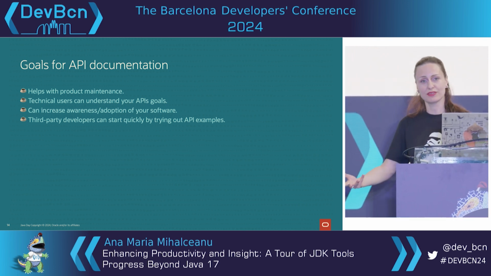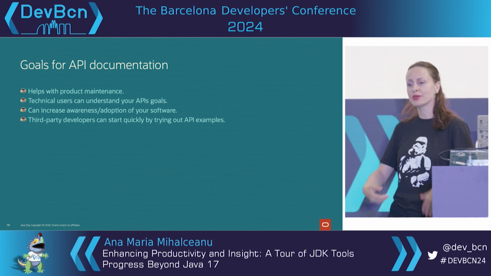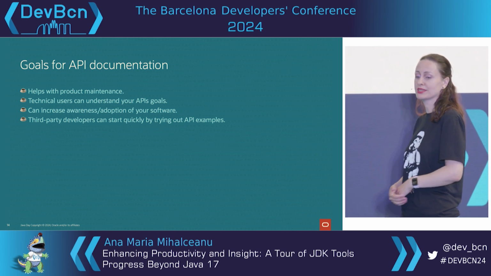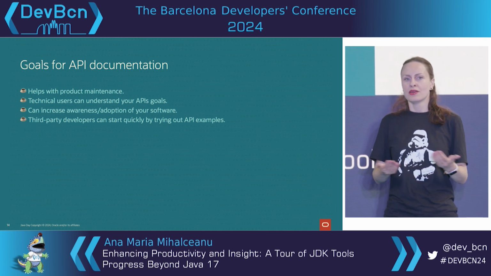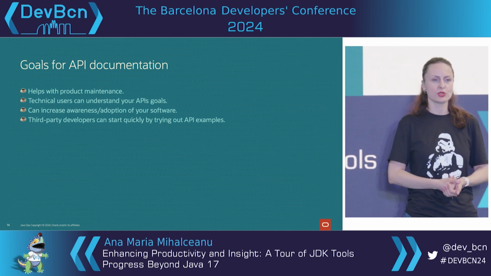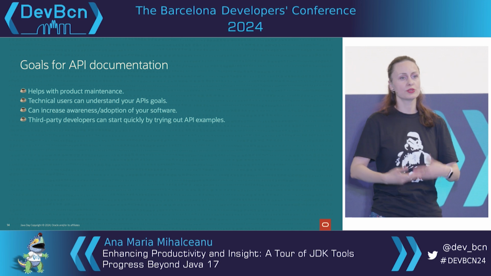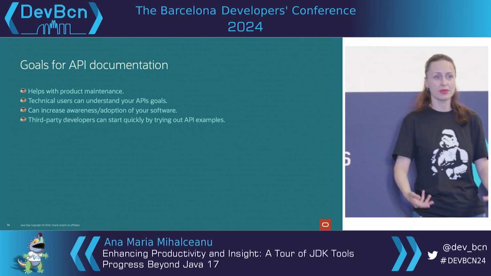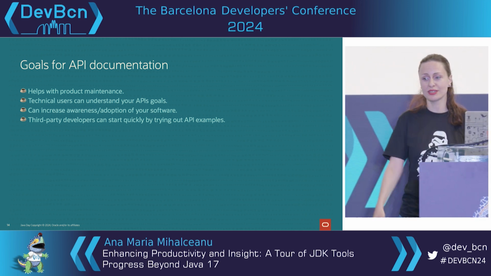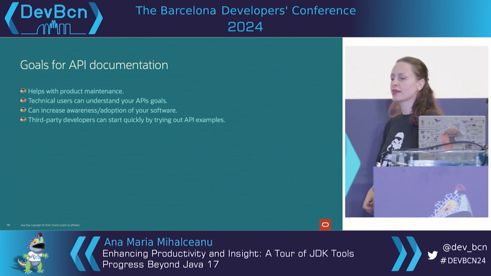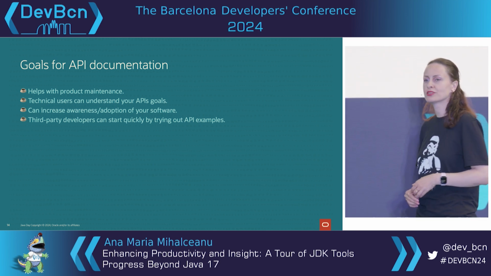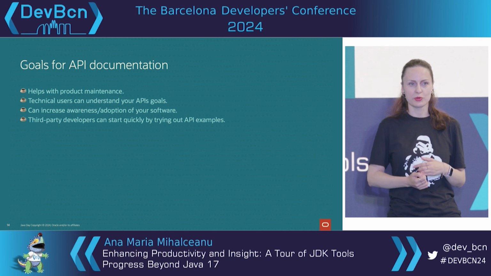Similarly, as we look in the JavaDoc, we understand Java better because we have great JavaDoc documentation. Then it also increases the awareness of your software. So if you have great documentation, people will trust to use your library, your API, your software. It has good documentation, right? And of course, other developers can start quickly by trying out API examples.